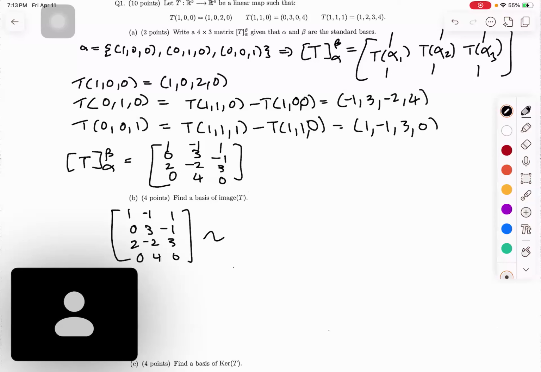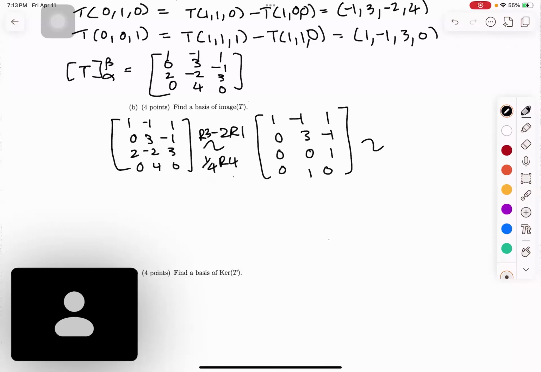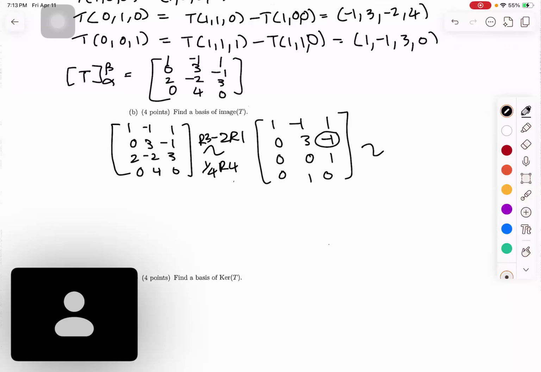To do that, we can do R3 minus 2R1 and get 1/4 of R4. This will give us 1, -1, 1, 0, 3, -1, 0, 0, 1, 0, 1, 0. Then we can get rid of the third digit in the second row.